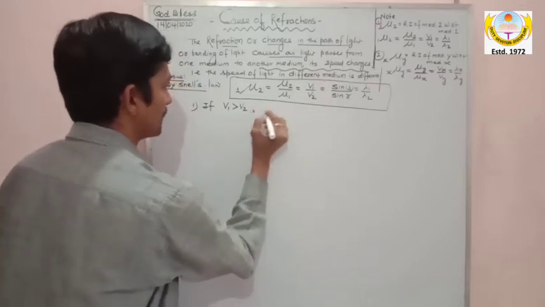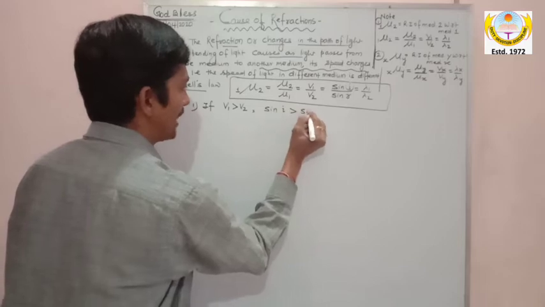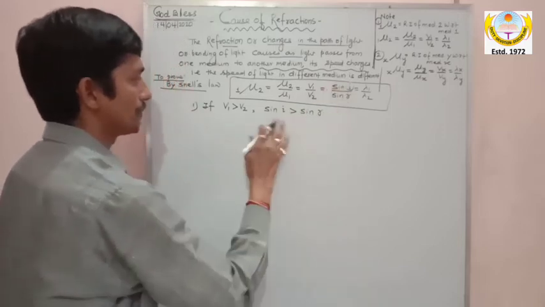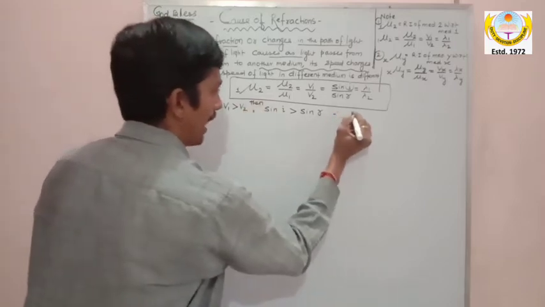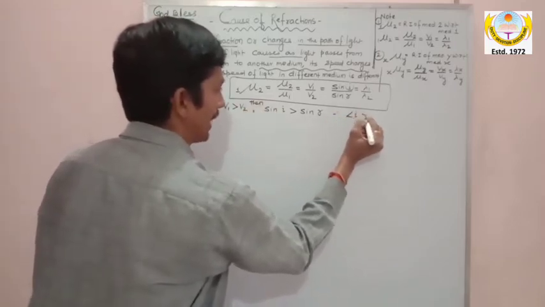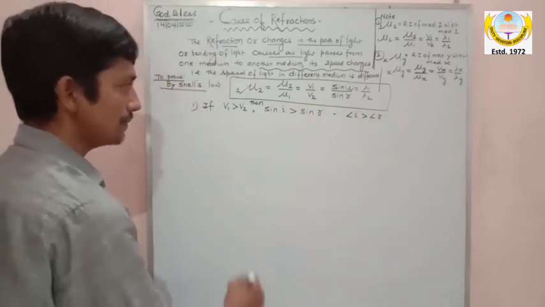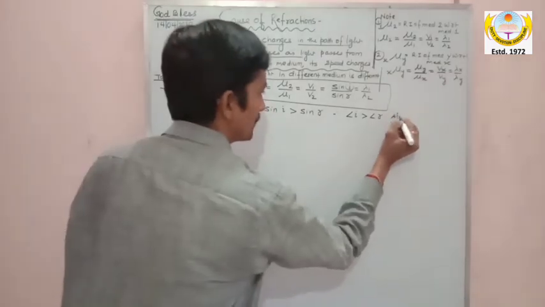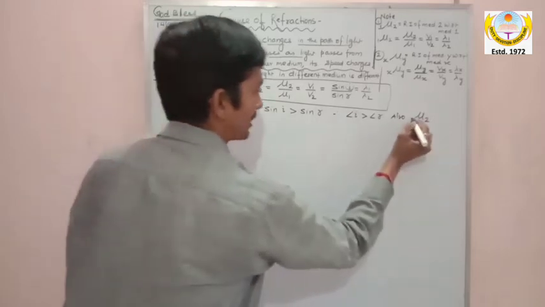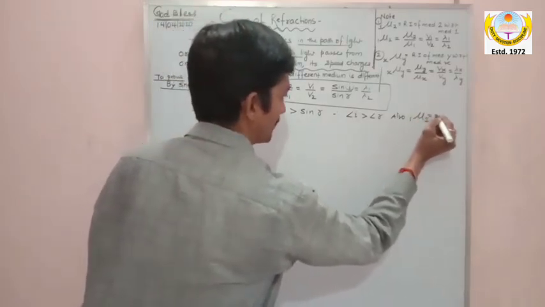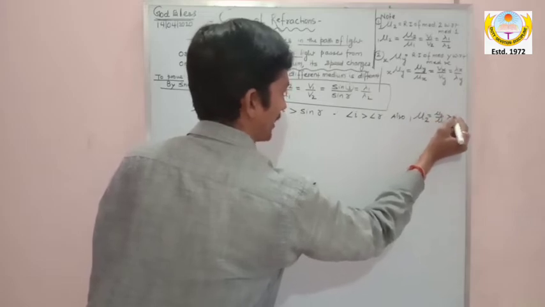I am sure sine of I will be greater than sine of R. Therefore, angle I will be greater than angle R. Also, mu of 2 with respect to 1, that is mu 2 divided by mu 1, is also greater than 1.